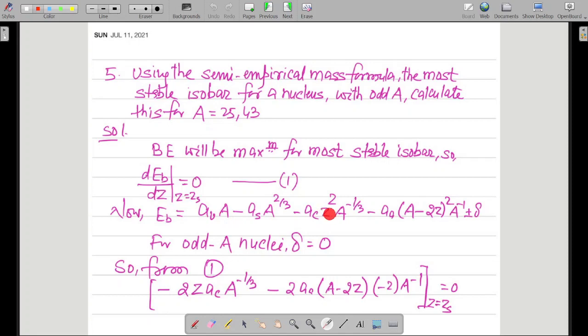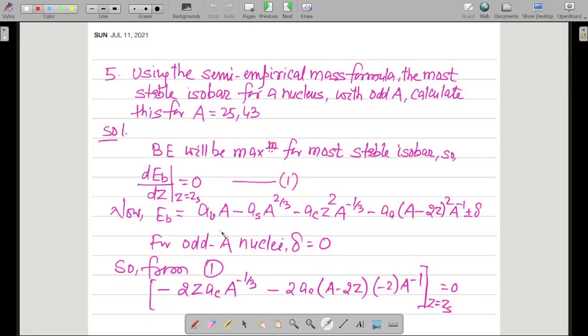This term has Z squared, so it will become 2Z. For this term, you apply the chain rule of differentiation, so 2 times minus 2Z, and then minus 2 will come A to the power minus 1. This particular term is already 0 because it is an odd atomic mass number A nucleus, so delta equal to 0.